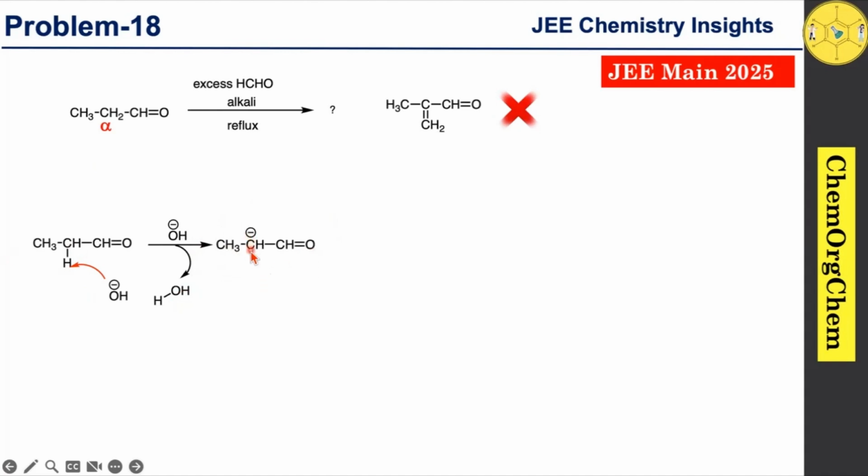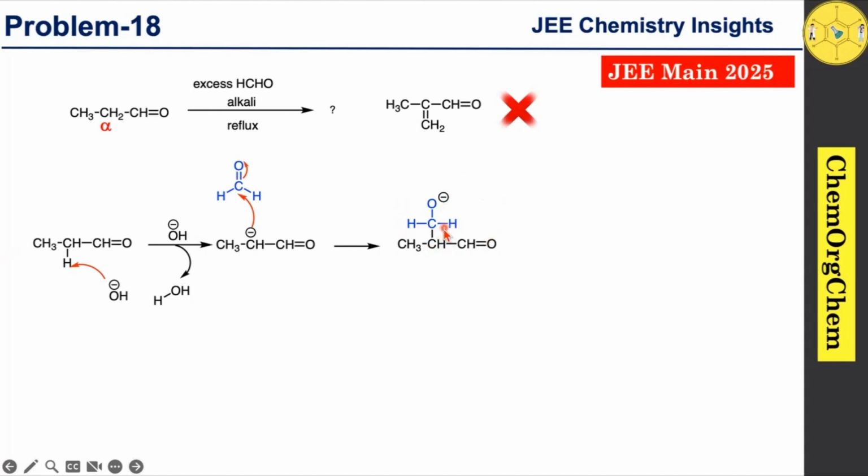Now this carbanion species reacts with formaldehyde. Here formaldehyde acts as an electrophile, while the carbanion acts as a nucleophile. This negative charge attacks the carbonyl carbon, so the pi bonded electrons move towards the oxygen atom, producing the corresponding intermediate.